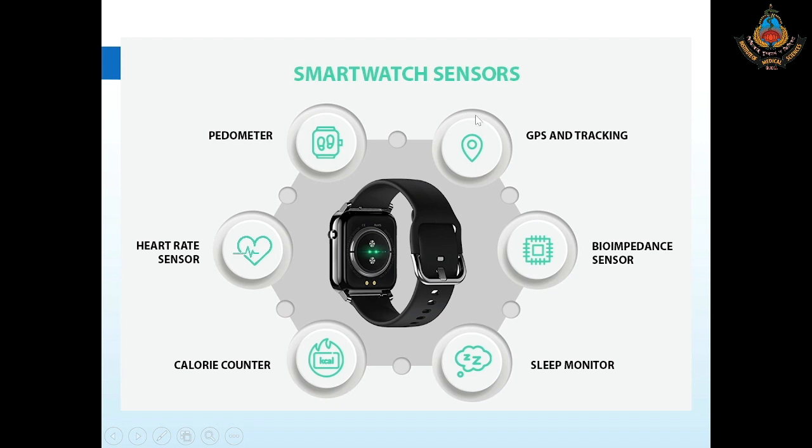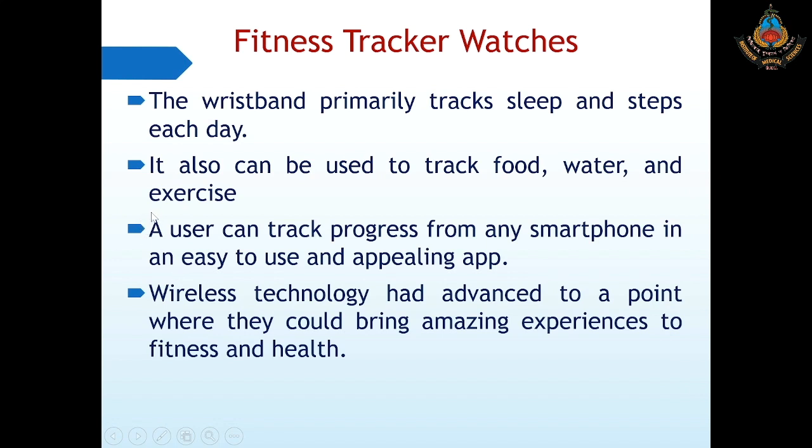Now we discuss smartwatches, which have various sensors. There is a pedometer, GPS tracking device, bioimpedance sensor, sleep monitor, calorie counter, and heart rate sensor. These are fitness tracker watches. The wristband primarily tracks the sleep and steps of each day.